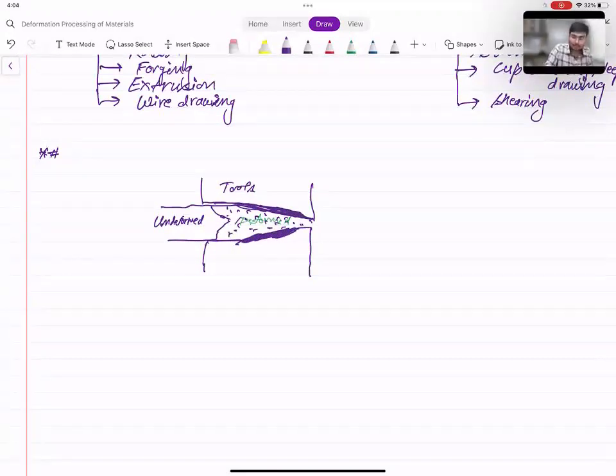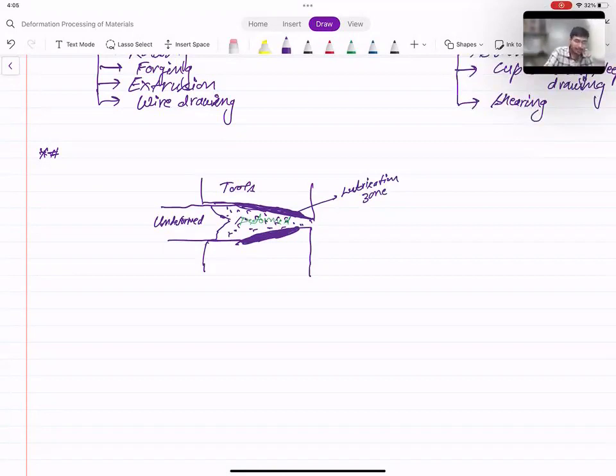Not the deformation zone, actually the zone where this workpiece comes into contact with the tools, and here some sort of lubrication will be used because there will be a lot of friction between the workpiece and the tools or dies. So this is the lubrication system or lubrication zone. This particular region is deformed already.